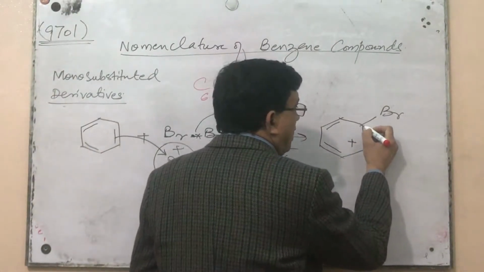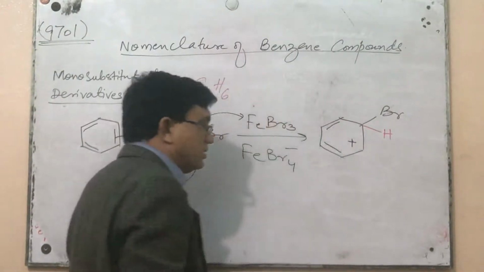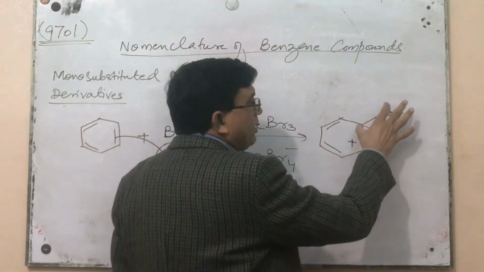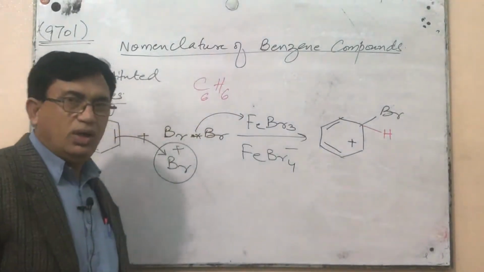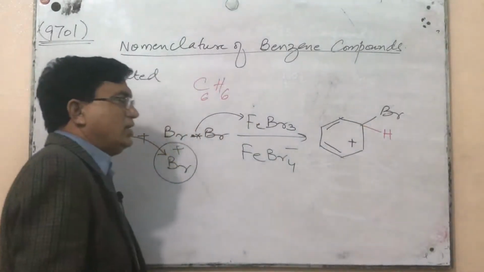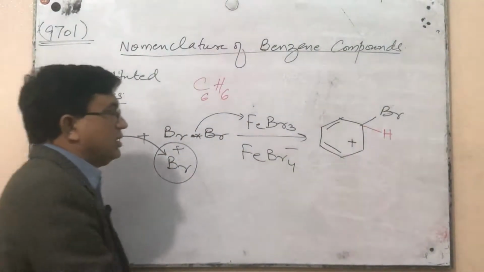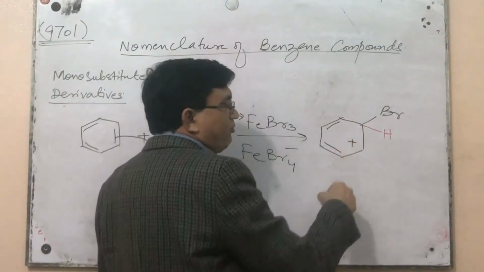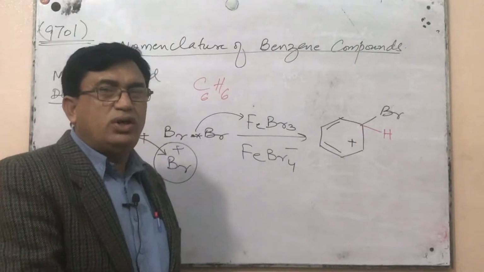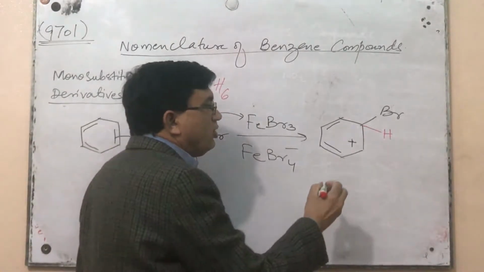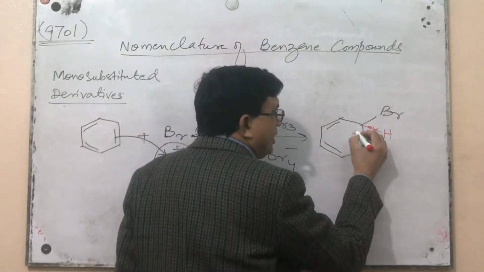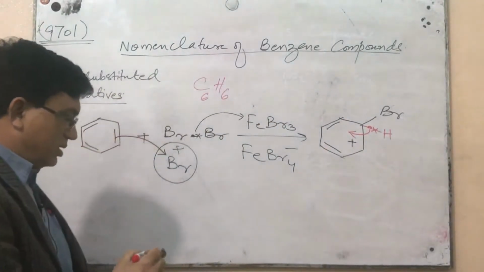Here one hydrogen is also present. Now the bond formed between carbon and bromine is stronger as compared to the bond between carbon and hydrogen. That's why this electron pair scheme of benzene ring will not remain distorted for a longer time, and automatically it will attract this pair of electrons inside the benzene ring.